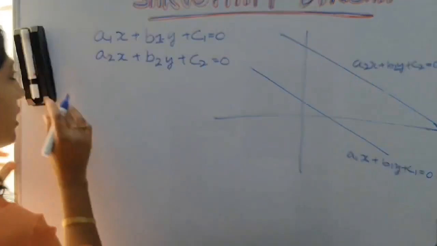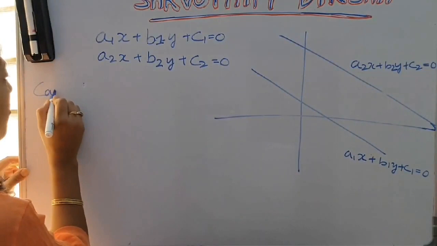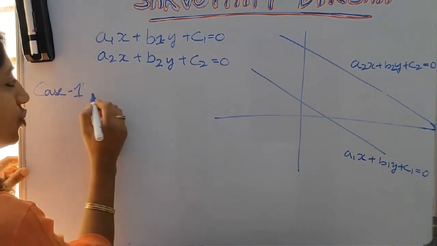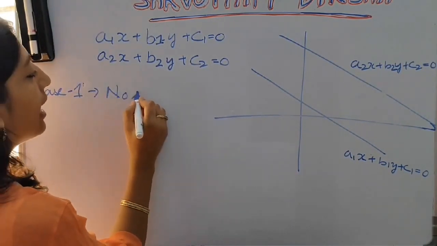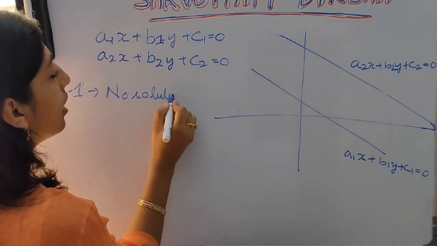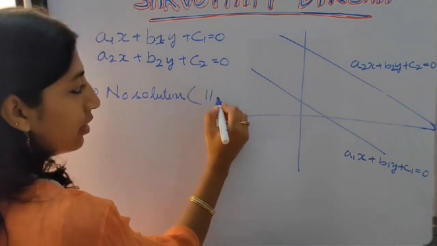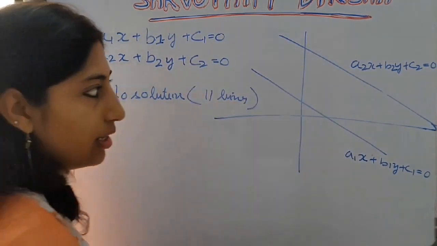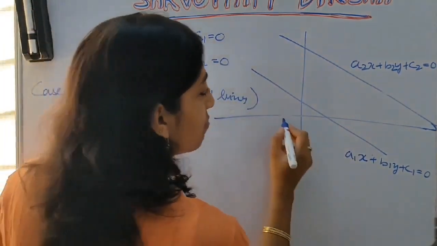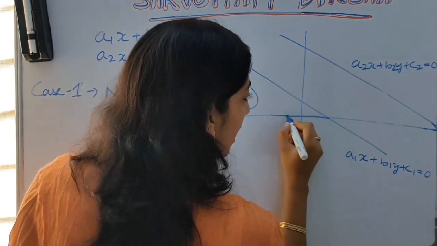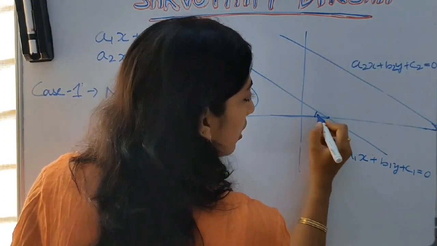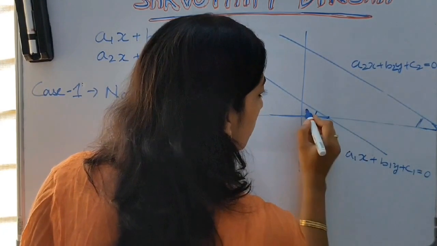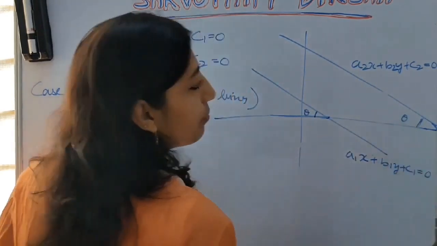Now let me consider the case when they have no solution, that is my lines are parallel. Then tell me one thing, if my lines are parallel, the angle which they are making with my x-axis should be equal. Why is it equal?